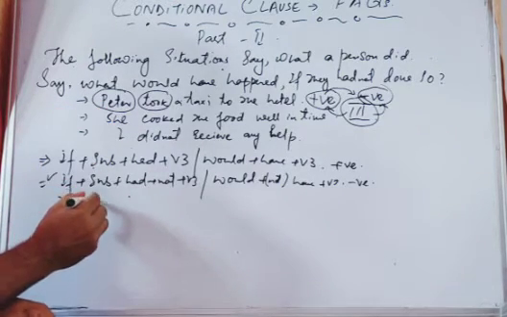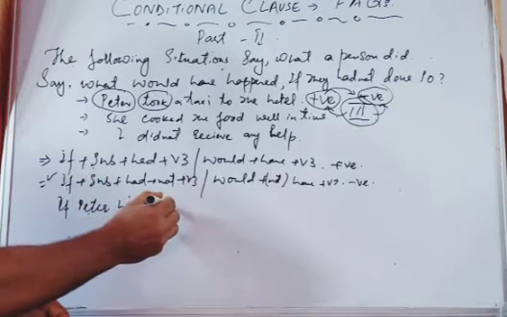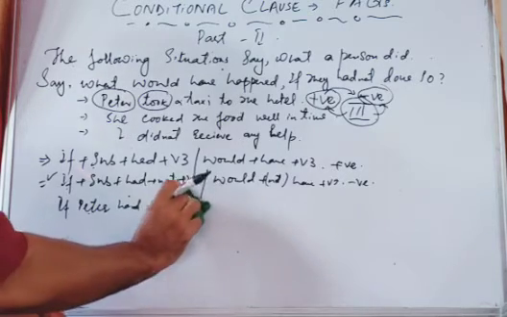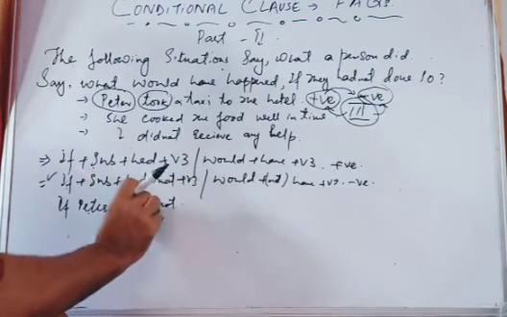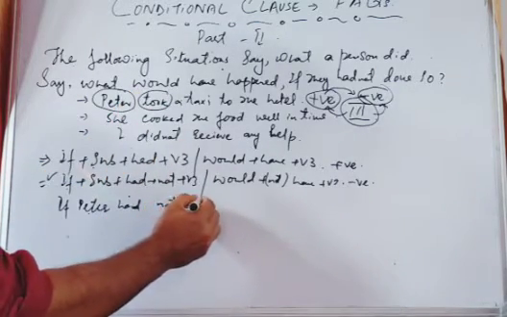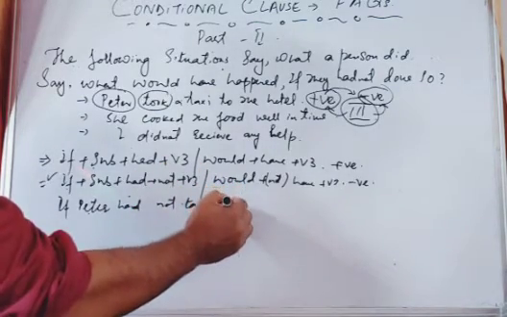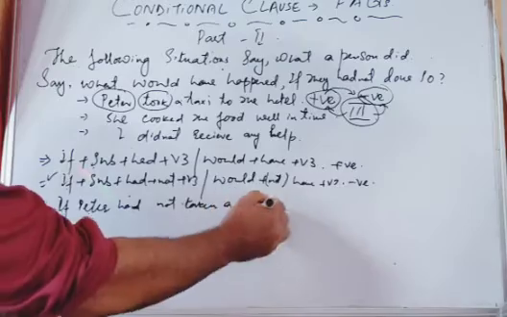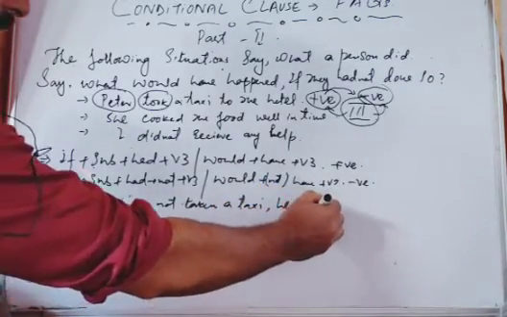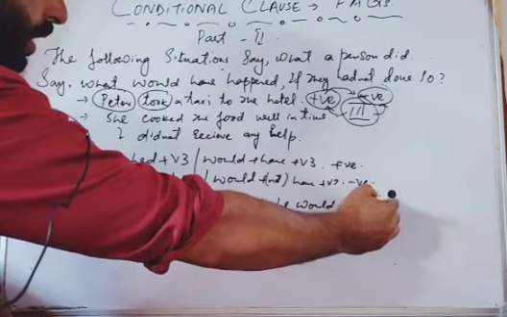Peter is the subject, then it is had plus not, if Peter had not. What's the main verb here? Took. Its third form is taken. If Peter had not taken a taxi, what would have been the result? He would have been late.